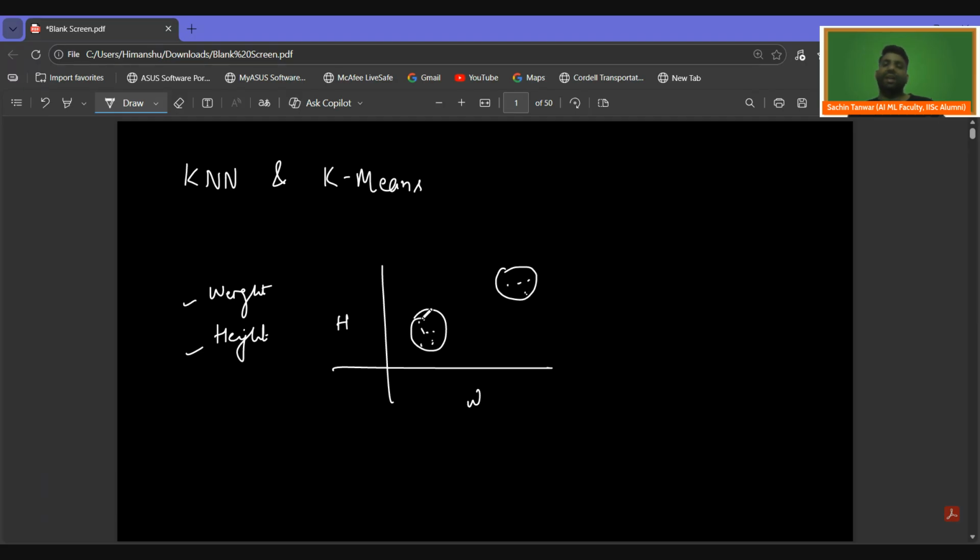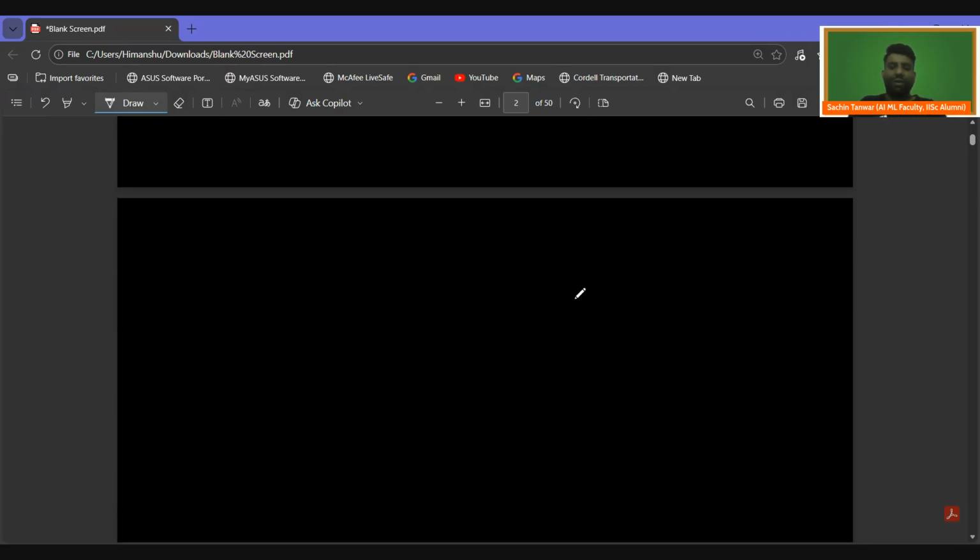And that is exactly the idea for KNN and K-Means as well. Now what do I mean by that? Let me go to the next slide and talk about that. When I'm saying it, both algorithms use a distance matrix.